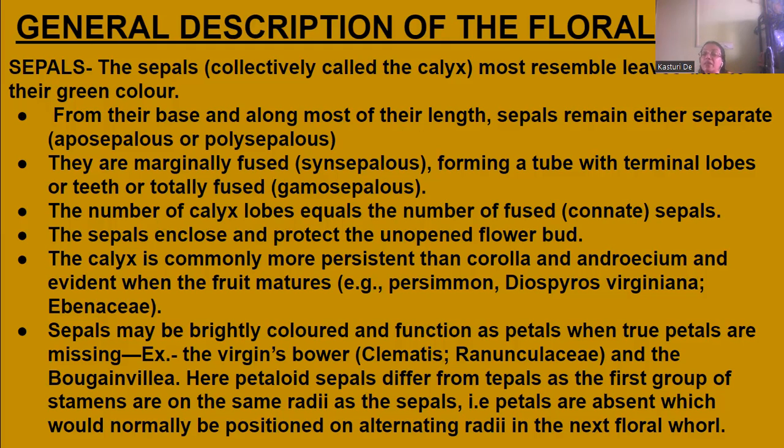That is, actual petals are absent, but they are becoming petaloid sepals. As the sepals are brightly colored, it becomes petal-like. So petaloid sepals normally would be positioned on alternating radii in the next floral wall. They should be present in one whorl, but they are generally present in the next floral whorl, like the petals.